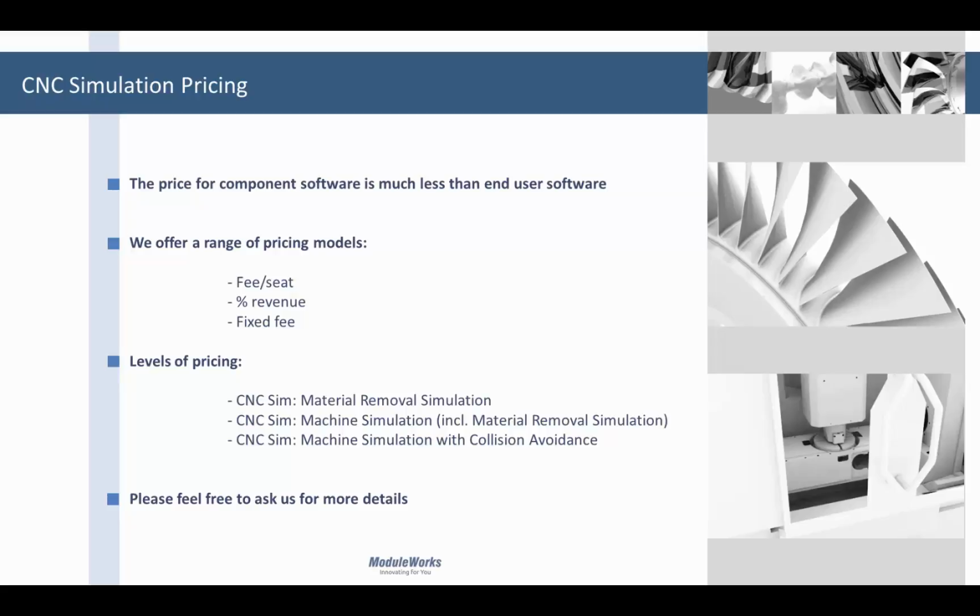And the final and most advanced version would be the machine simulation with collision avoidance, also having the highest price. If you do have an interest in exact pricing, then please do contact either myself or your dedicated account manager if you do have one, and we'll be able to discuss this more in detail and to give you a price proposal.